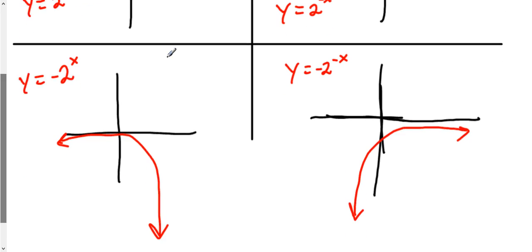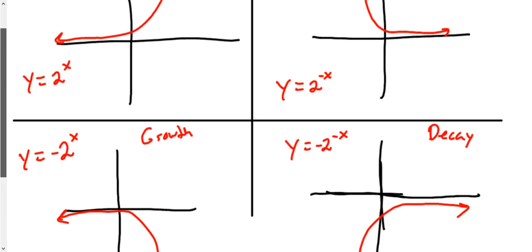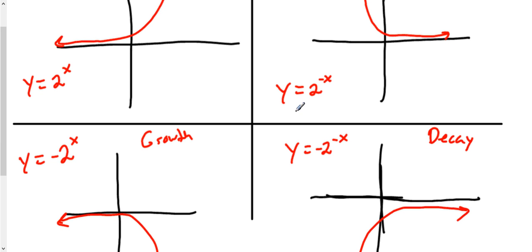And I'm pretty sure this one is still classified as growth, and this one's still classified as decay. I'm going to look that up, and I will make any corrections if I described it wrong, and we're going to talk more about growth and decay as this unit continues. We're going to talk about it more on Wednesday.